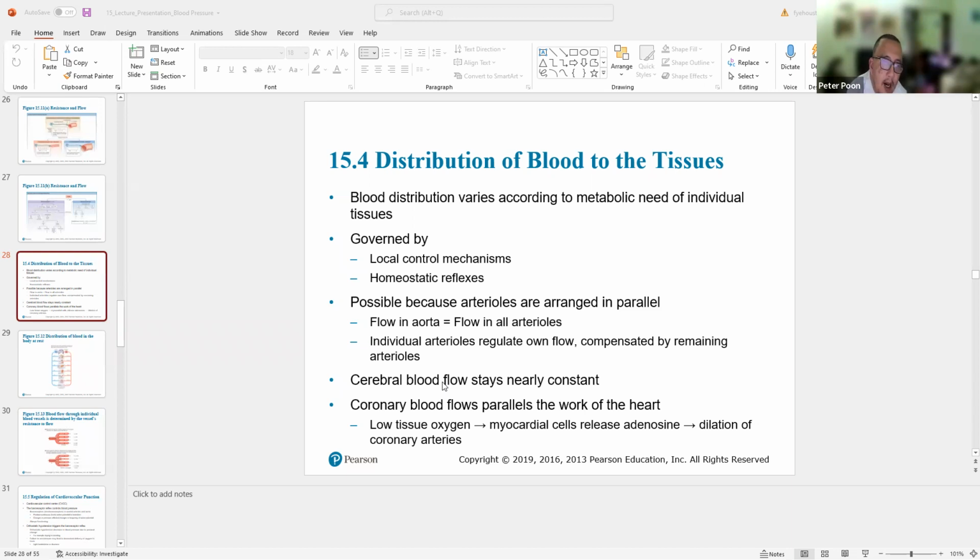First thing, the cerebral blood flow is nearly constant. Your brain is encased in the skull, and therefore it cannot accommodate too much blood, like cerebral hematomas and stuff.